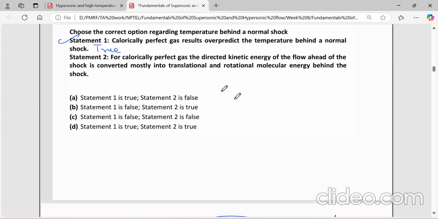Statement 2 says that for a calorically perfect gas, the directed kinetic energy of the flow is converted mostly to translational and rotational molecular energy behind the shock. This is also true. So both statements are true, which is only option D. So option D is the correct one.